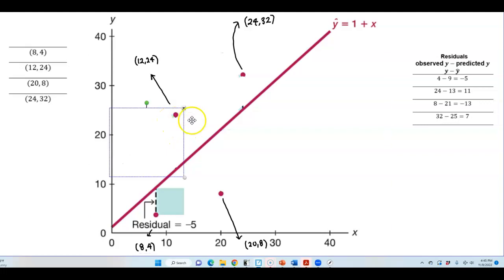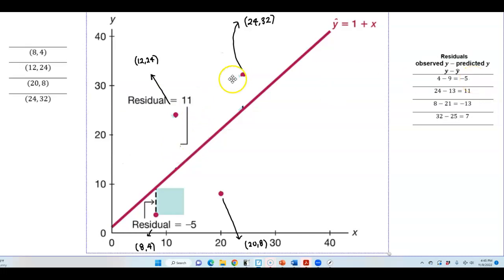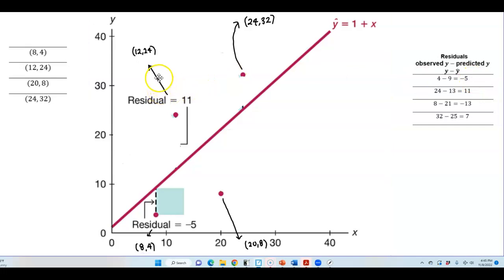It's going to give us a residual of 11, because you can see that this point has a residual of 11. So from this line to that point, it's 11.